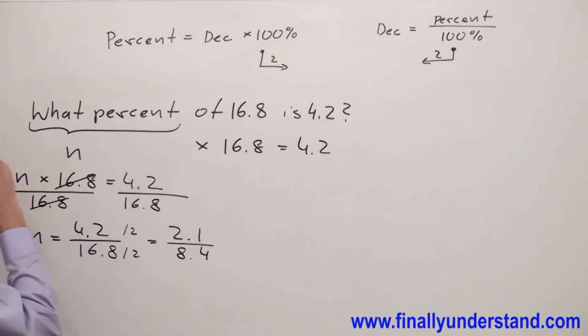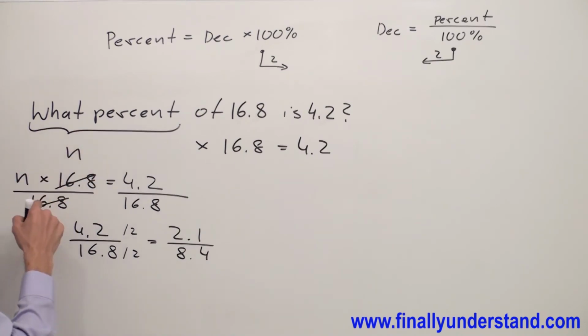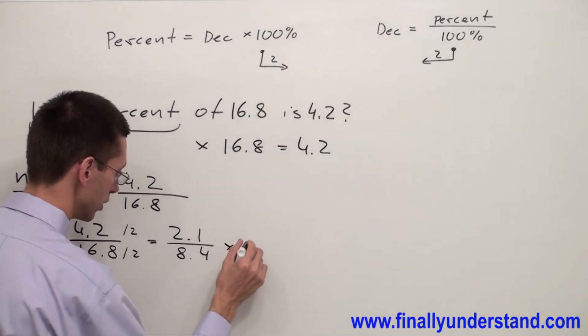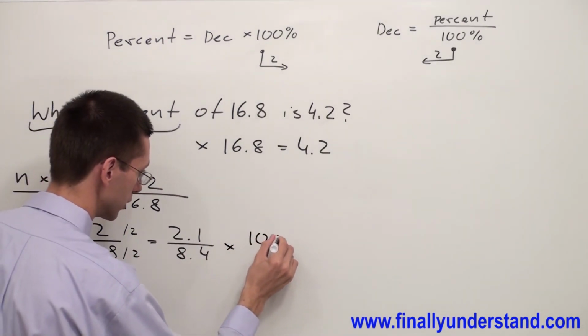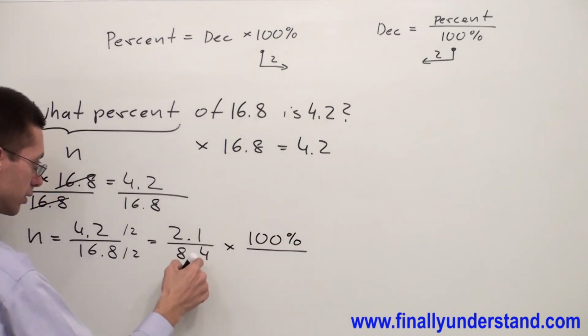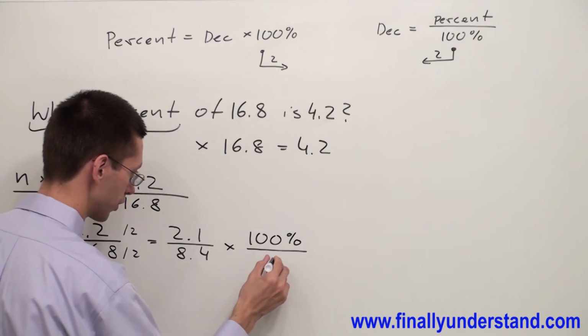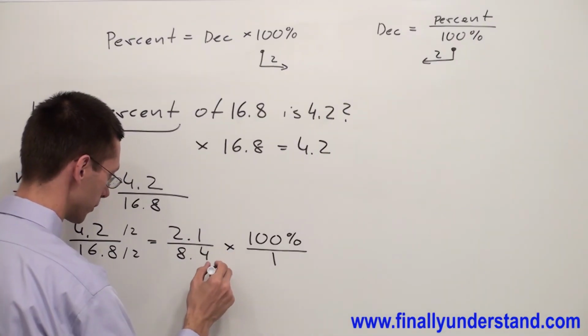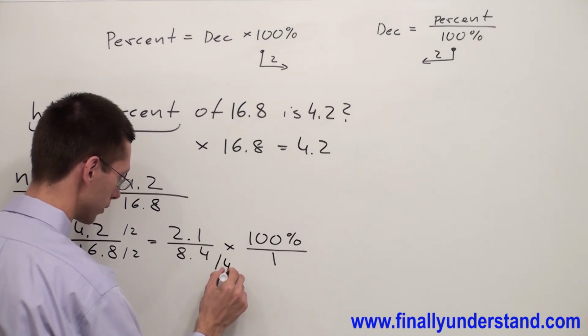Now, get back to the problem. The problem is asking you what percent. I have to find percent. So in order to find percent, you have to multiply the fraction by 100%. Because I'm dealing with fraction, I'm going to convert 100% to fraction by writing 100% over 1. I can reduce both of them by 4.